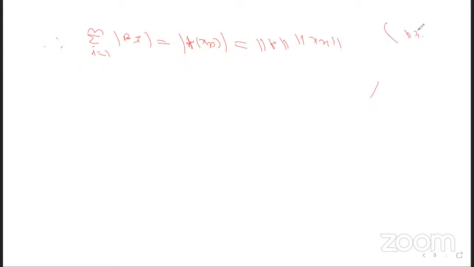So this is less than or equal to the norm of f. So we have the inequality: sigma i equal to 1 to n mod beta i is less than or equal to norm of f.